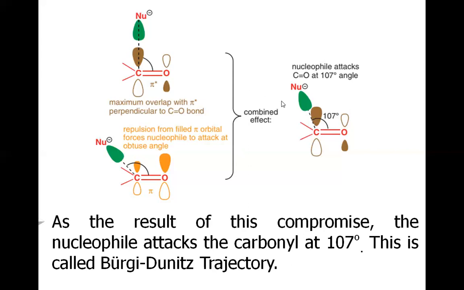So the nucleophile attacks from this angle. You can see in this picture, when the nucleophile attacks the carbonyl bond, we have this angle which is slightly inclined towards this side, not towards the oxygen, and the angle is 107. So as a result of this compromise, the nucleophile attacks at 107 degrees, and this angle is called the Burgi-Dunitz trajectory or the Burgi-Dunitz angle.